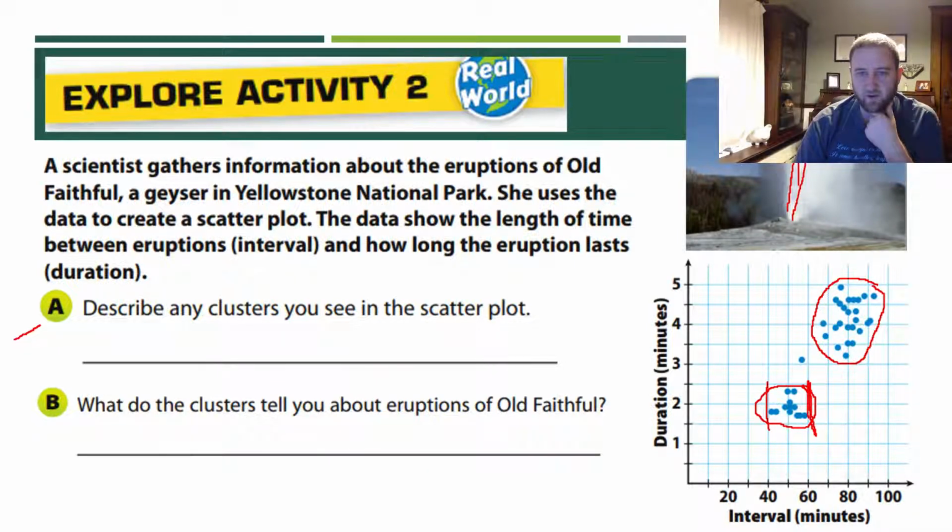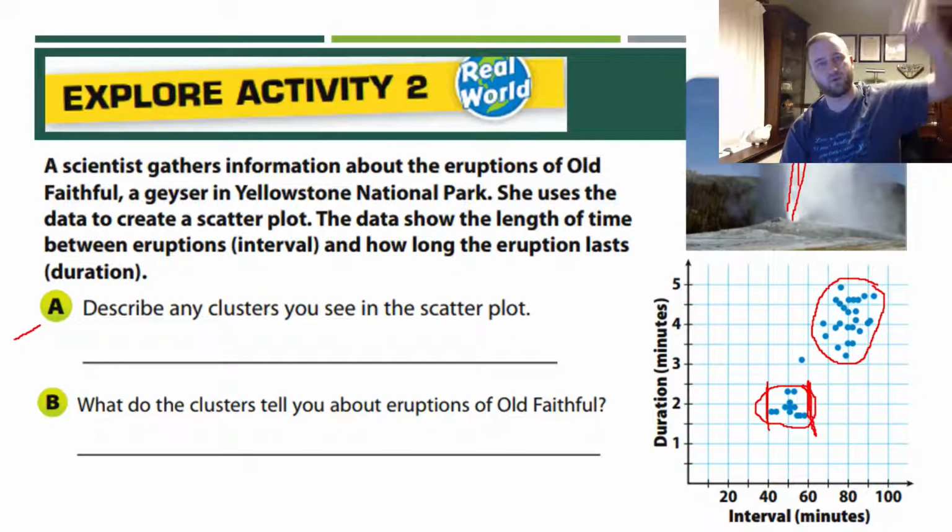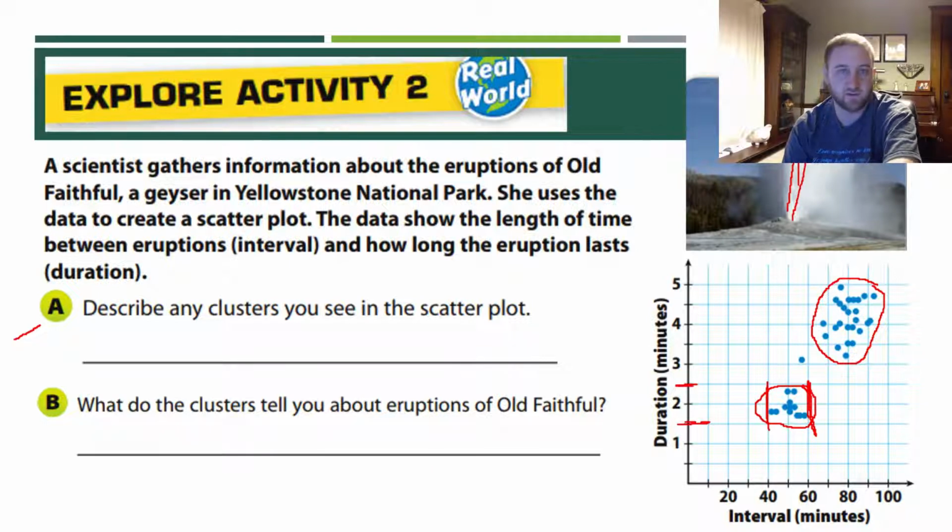For these eruptions, the duration of the eruption, how long it sprayed up, is between 1.5 and 2.5 minutes for each one. This cluster looks like it's between about 65 and 85, and the duration for those is between 3 minutes and 5 minutes.